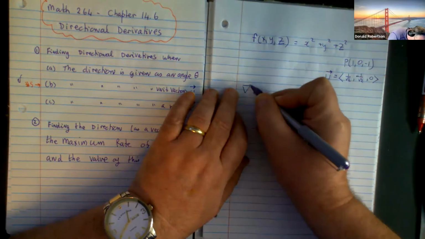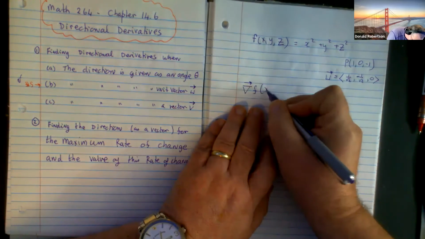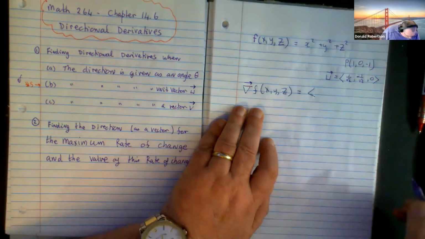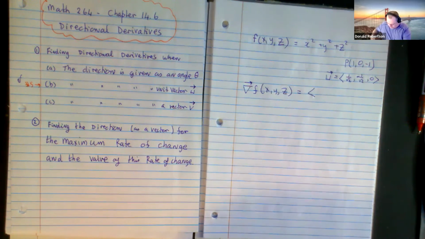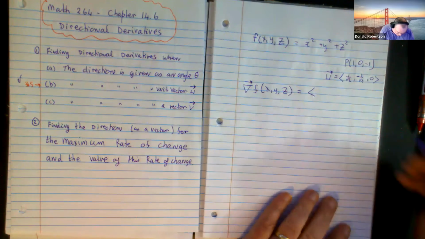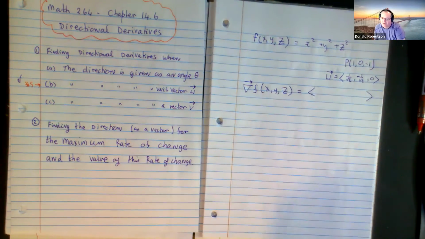Well, we need to find the gradient vector. The cool thing is that once you know how to do it in 2, 3, or 40 dimensions, once you know how to do it in 2, you can actually move on beyond that. What do you think the vector formula for the gradient of this is going to be?